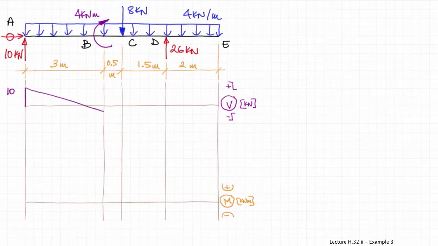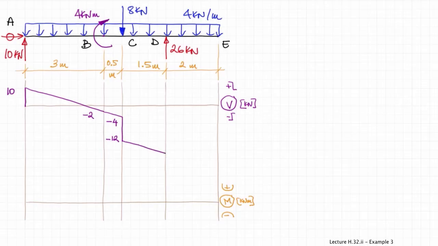So the shear force at A is plus 10, then it goes down by a slope of 4 kilonewtons per meter to B and then to C. So the shear force value at B is negative 2, and the shear force value at C is negative 4.